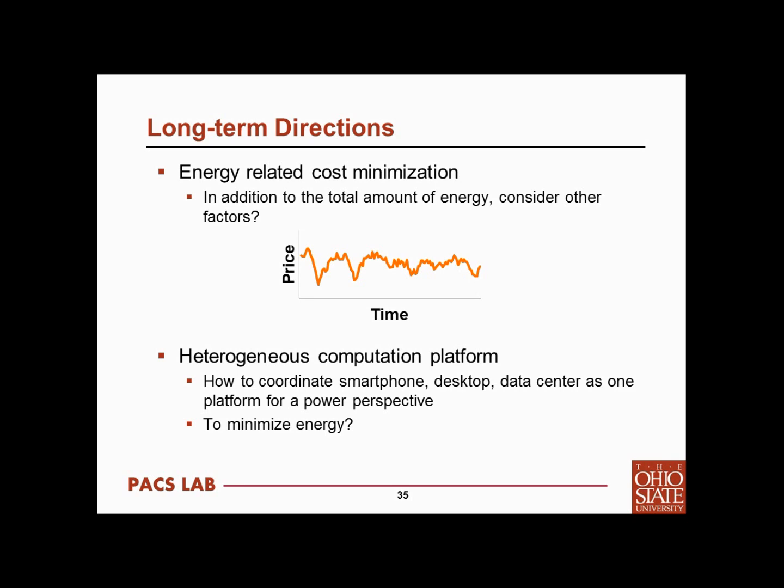Every 5 minutes, the utility company will charge the power user, especially the industry power user, a different electricity price. So there is a very strong incentive for us to use more energy when the electricity price is low and use less energy when the electricity price is high to fully leverage the price difference at different times. That will make the whole cost minimization a very interesting optimization problem.